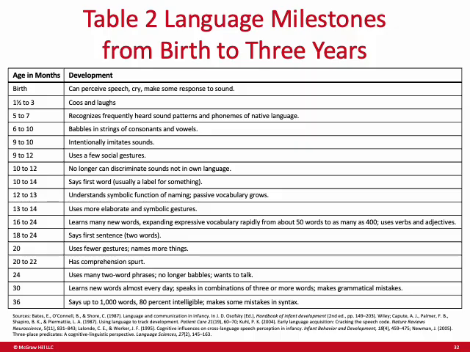At 20 months, a child uses fewer gestures. And at 36 months, a child says up to 1,000 words, is 80% intelligible, and makes some mistakes in syntax, so in conventions. If you think about the beginning of that chart to the end of it, the growth is enormous and almost incredible when you think about what is happening in the first 3 years.